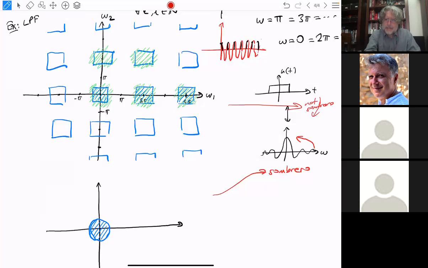Another question. When we speak about 2D signal analysis, is it necessary that I'm referring to image processing? No, it's not necessary. You may come up with any kind of two-dimensional signal. In fact, in the first few minutes of our first hour in this course, we talked a little bit about such things.